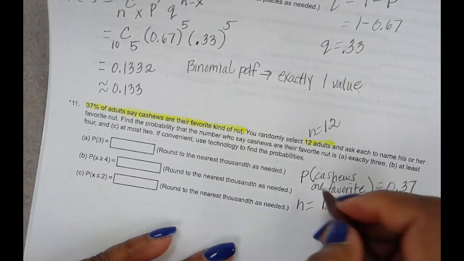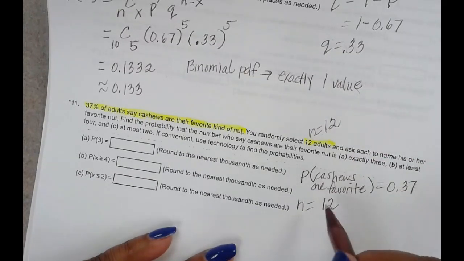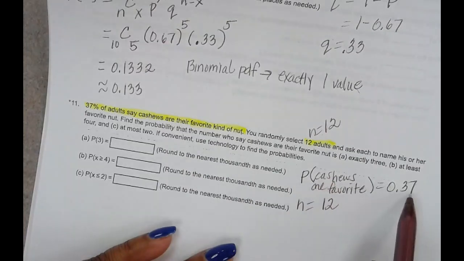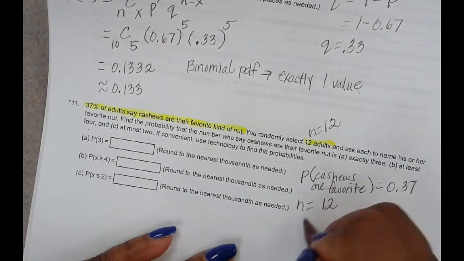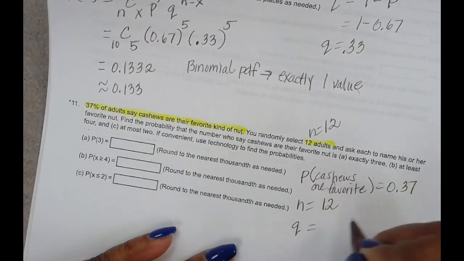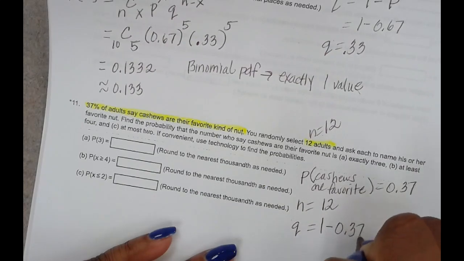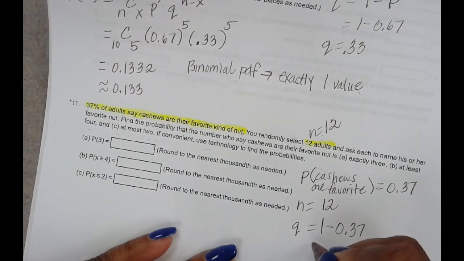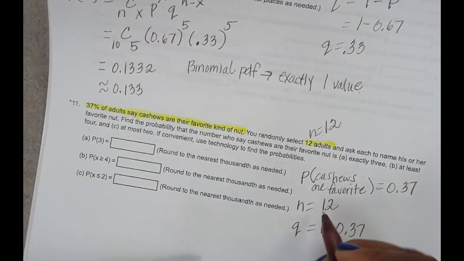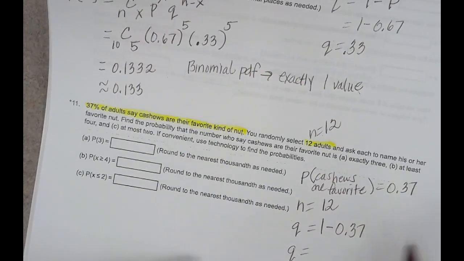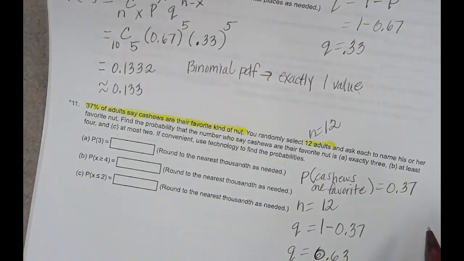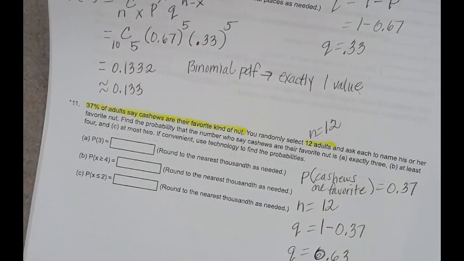What about our complement? If 37% of the people like cashews as their favorite, how many people don't? Well, we can find that by subtracting 1 minus 0.37, which is 0.63, or 63%.